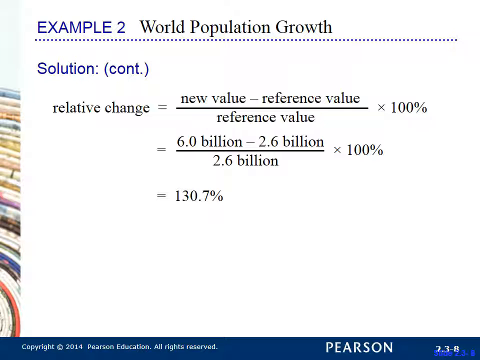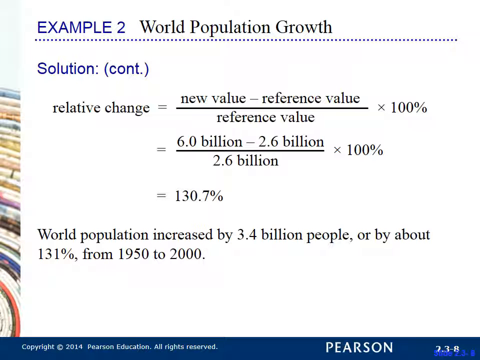It's the one we started with. Then once I get that number, I move the decimal over 2 places and add the percent. So our world population has increased by 3.4 billion, which is the absolute change. But if we want to look at that in percentages, that's about 131% from 1950 to 2000.